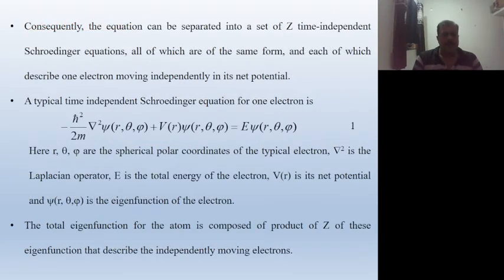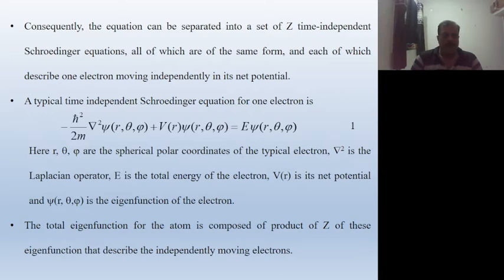Consequently, the equation can be separated into a set of Z time-independent Schrodinger equations, all of which are of the same form and each of which describes one electron moving independently in its net potential.